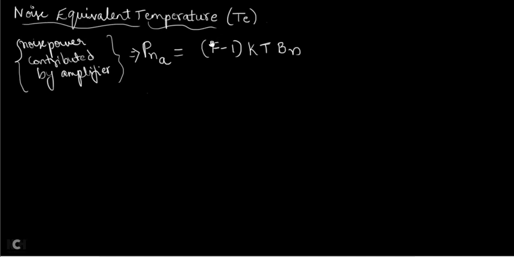Here F stands for noise factor, K stands for Boltzmann constant, capital T stands for absolute temperature. Absolute temperature means room temperature, 290 degrees Kelvin. Let us see that in problems. BN stands for noise bandwidth. Okay, so now let me call this equation 1.